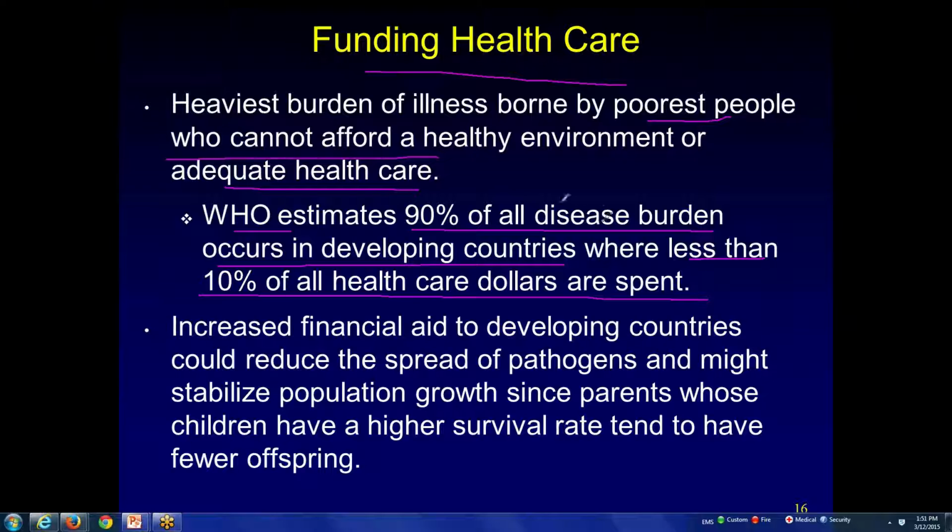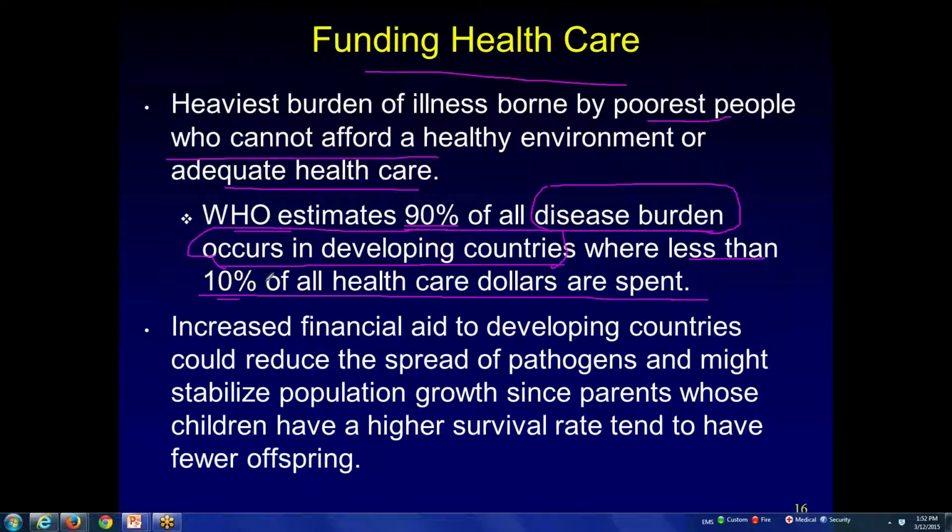So 90% of the disease burden, again, that includes disabilities, not just deaths, but people just struggling through injuries or trauma or some type of infection or suffering. 90% of that suffering happens in these developing countries where only 10% of healthcare goes.